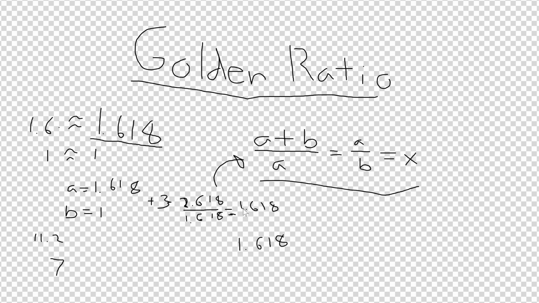And also, just to ensure this, if I were to be given 11.2 and divide that by 7, I would approximately get 1.6, which is going back to the clarification of the rounding of 1.6 over here. So from this, we can see that through 1.618 or 1.6 and 1, if we multiply any number by that, whether that's a rational or irrational number, the golden ratio can be applied.